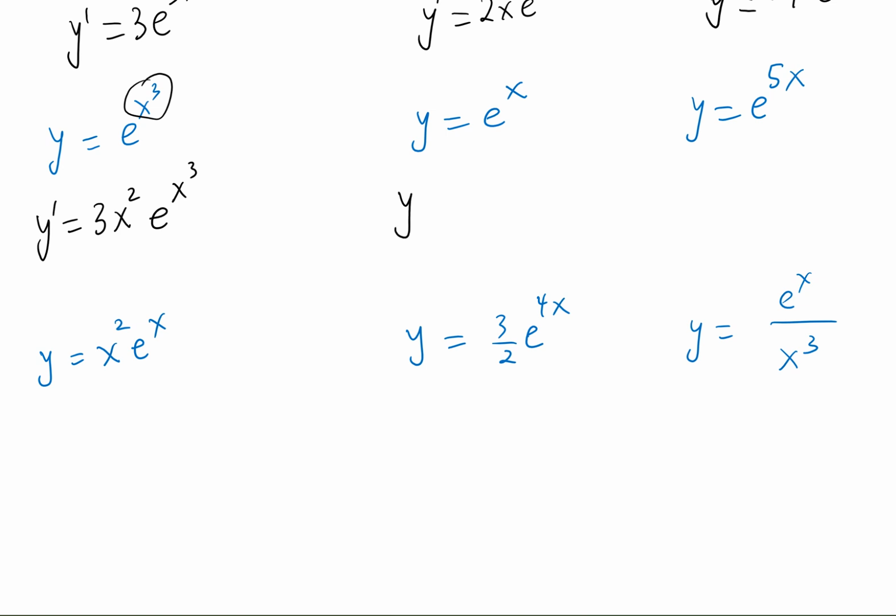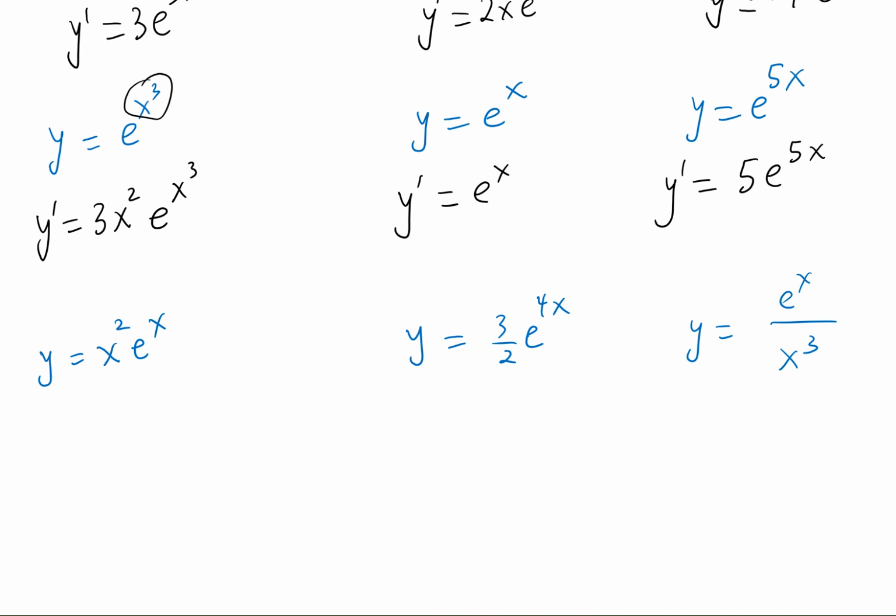For the next one, what's the derivative of e to the x? It's e to the x, right? It's the derivative of the top, 1, times itself. Derivative for the next one is 5 times itself. How about the next one?